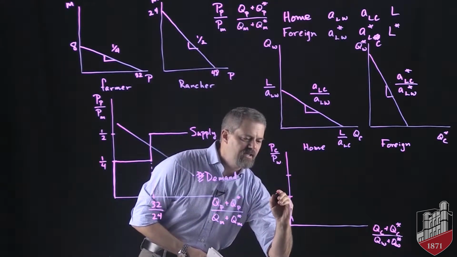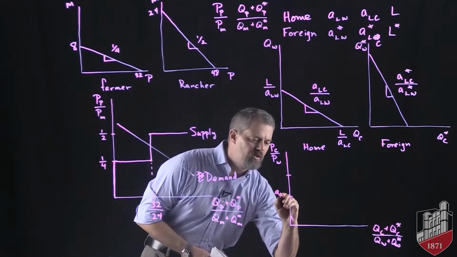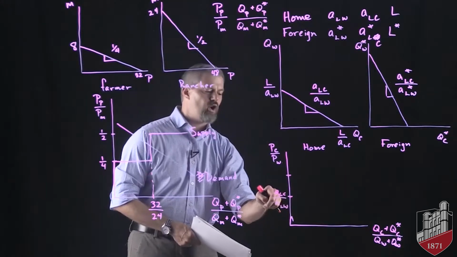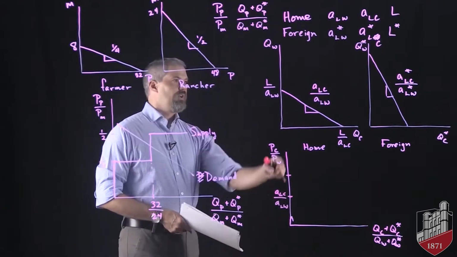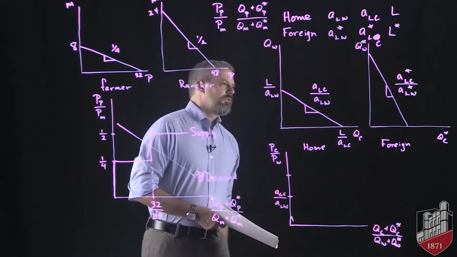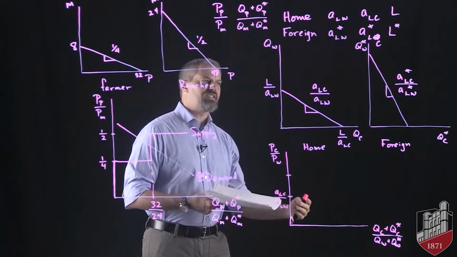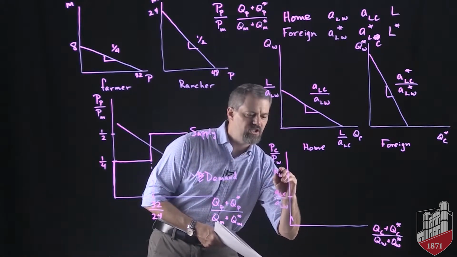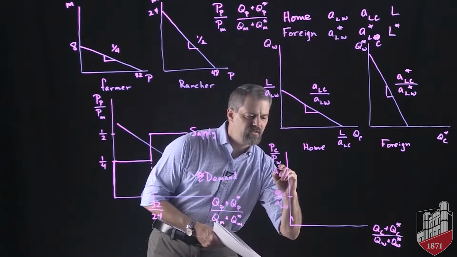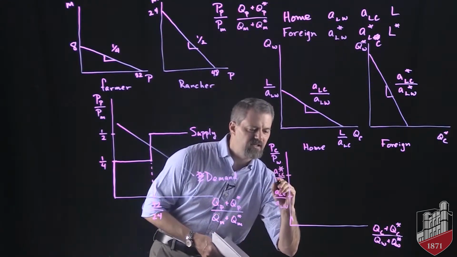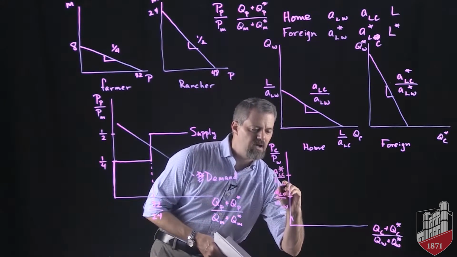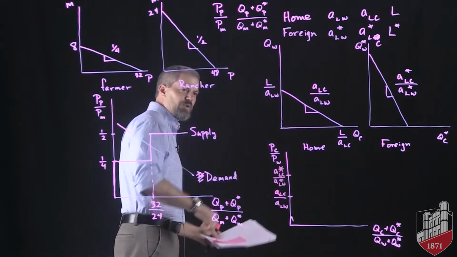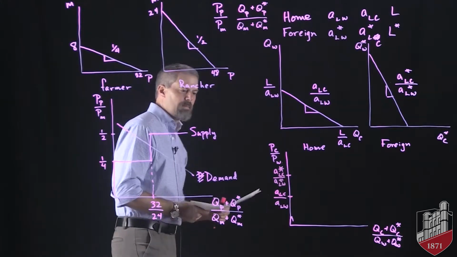So this is the unit labor requirement for cheese divided by the unit labor requirement for wine at home. Foreign's production possibilities frontier is steeper. So right up here is the unit labor requirement for cheese, with an asterisk, divided by the unit labor requirement for wine, asterisk. That's going to be foreign's slope of its production possibilities frontier.